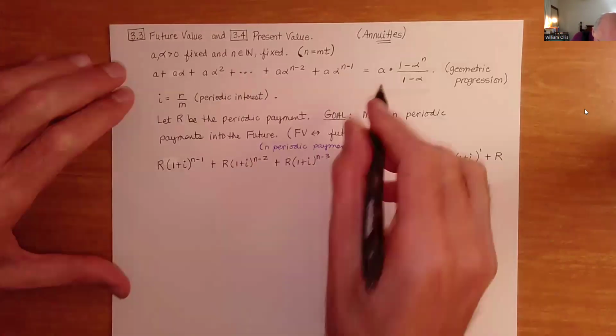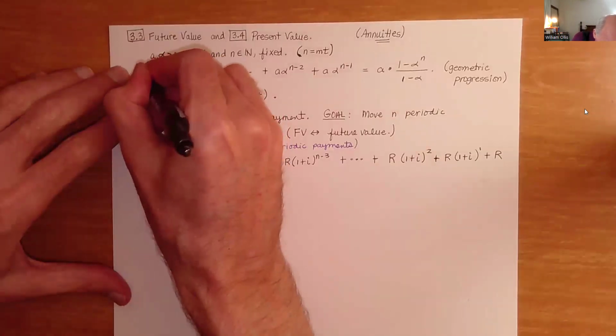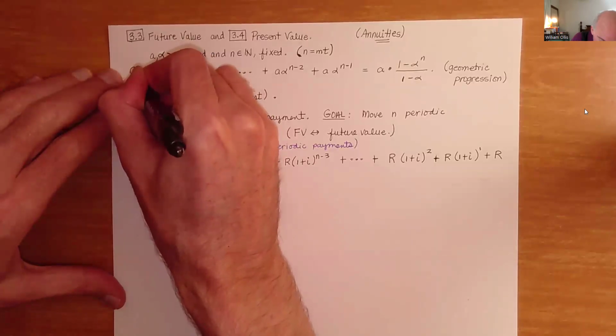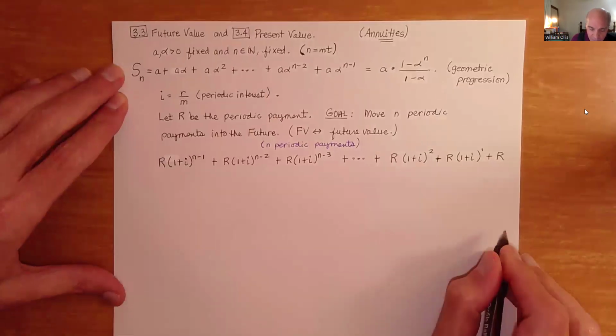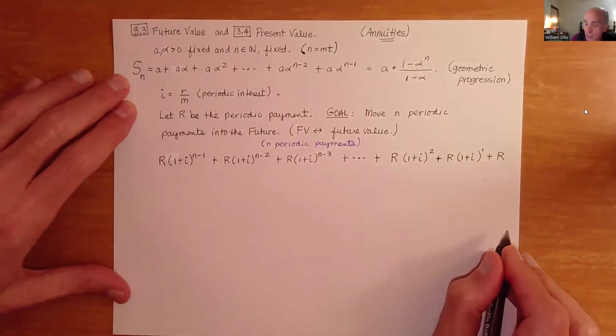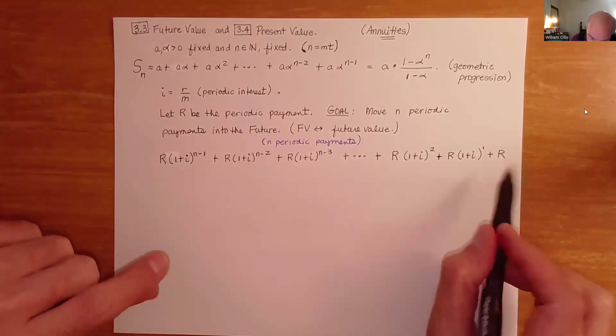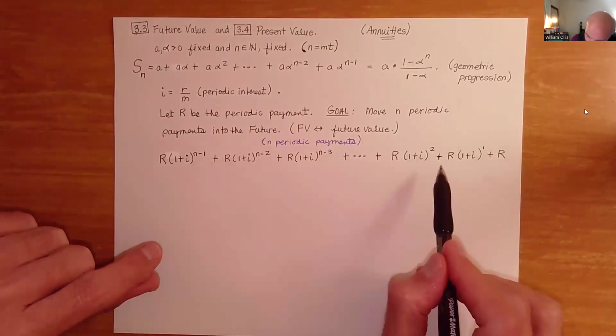Notice here, I could have written the sum here for the n terms. I believe that's the notation I used in lecture. Now, if we look at this, it seems to be a little bit backwards.